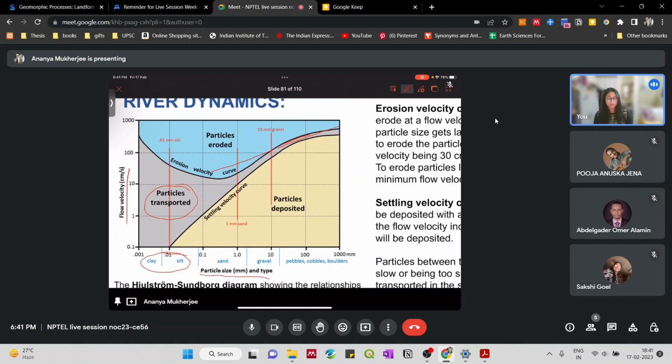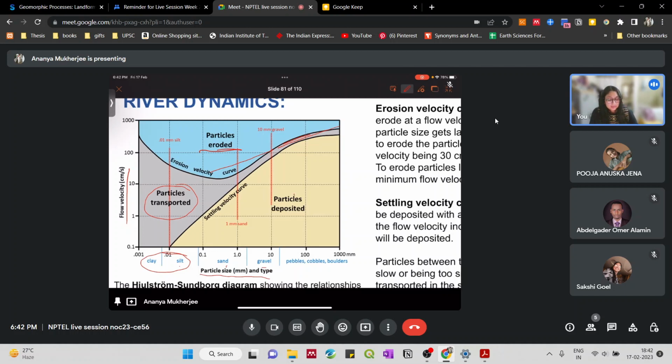The erosion happens at higher flow velocities, and at moderate flow velocities you will also find silt and sand particles getting eroded. And you can see that the area for the particles being transported becomes narrower and narrower as the particle size increases.